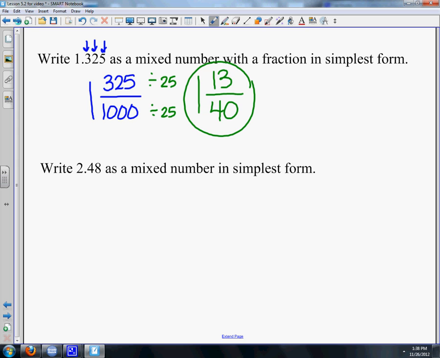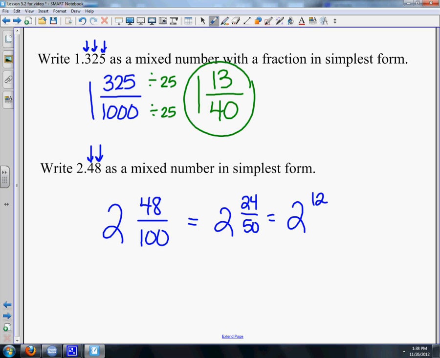So write 2.48 as a mixed number in simplest form. So try this one and then we'll correct. All right, so I'm going to keep my 2, and then I have 48 over 100 because this is the tenths place and this is the hundredths place. 48 over 100, so that equals 2, and then I can divide in half if I want to and get 24 over 50, and then that can be divided in half and get 12 over 25.